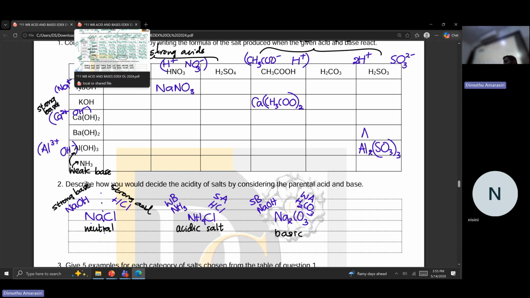Potassium sulfate. Neutral. Why? What is the base?